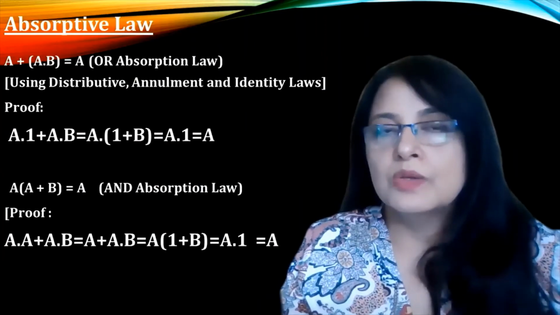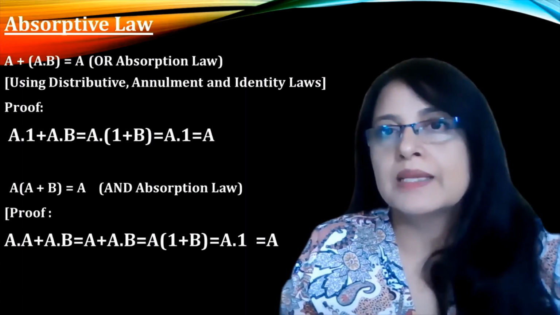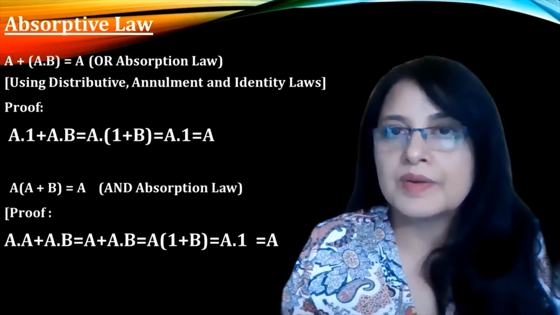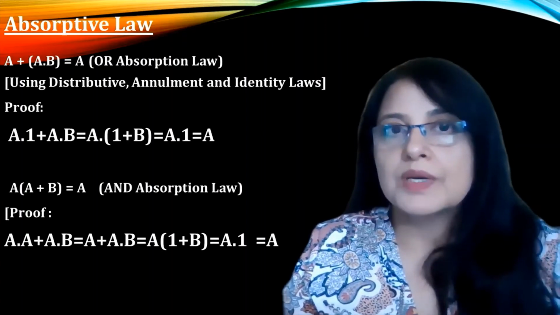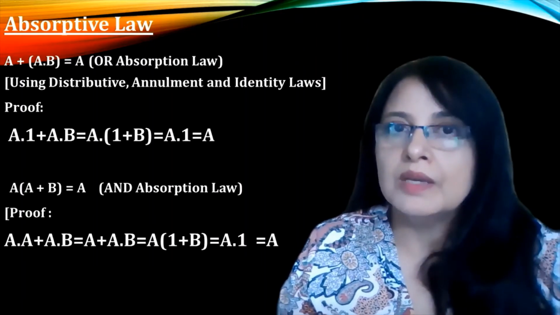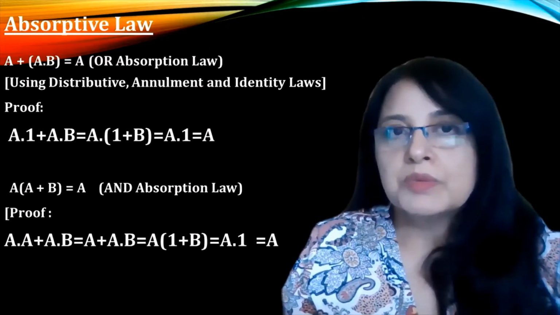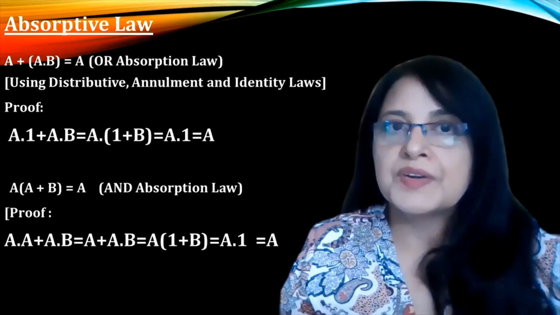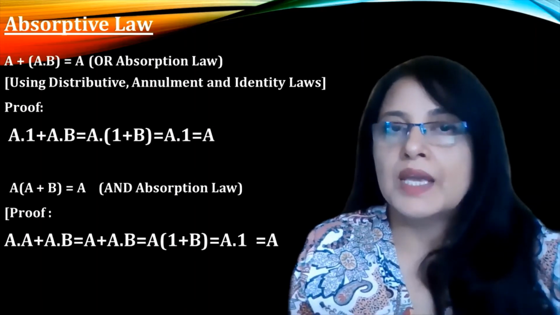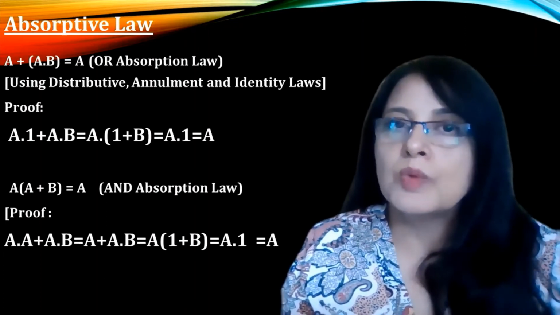We come to another law, which is the absorptive law, but this is basically an example-like thing where we prove something using the earlier laws that we have already proved. So we have A + A.B = A, which we have to prove, and this is the OR absorptive law. In the proof, we write A.1, which is the same thing as A, and we say A.1 + A.B = A.(1 + B).